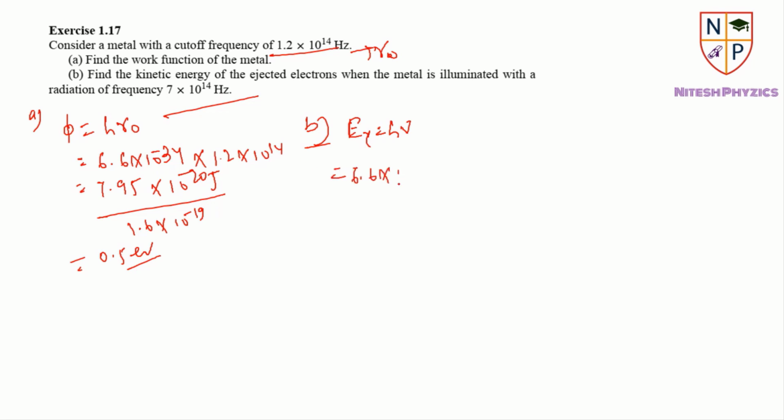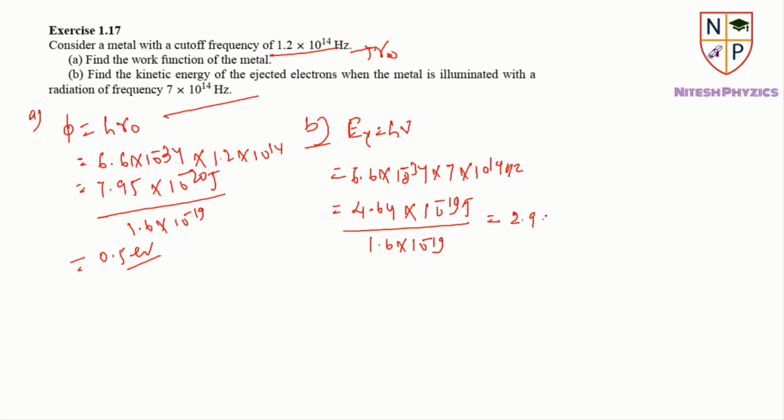The value of h will be 6.6 into 10 power minus 34 joule second, and the value of nu is given 7 into 10 power 14 hertz. So calculate, this will be 4.64 into 10 power minus 19 joule. Convert into electron volt, just divide by 1.6 into 10 power minus 19. It will be around 2.9 electron volt.